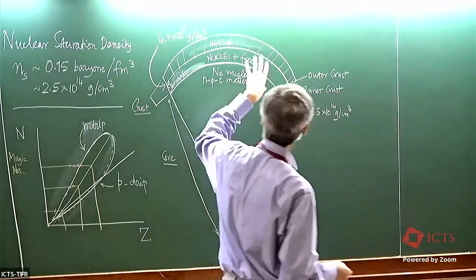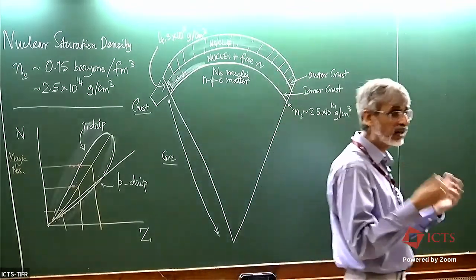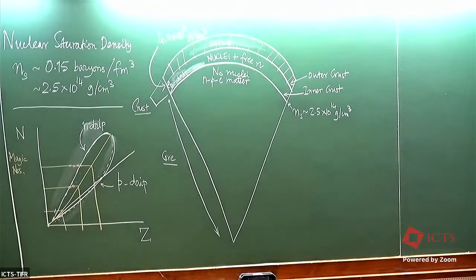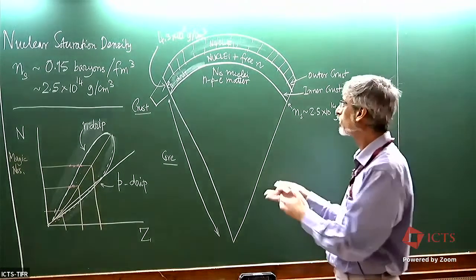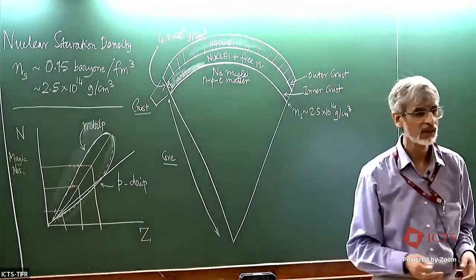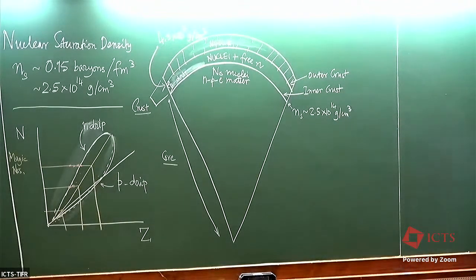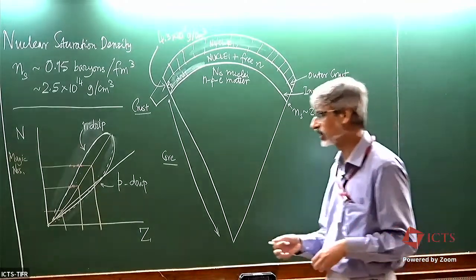So you will not be able to make one single equation of state based on just one description of the composition to describe the whole neutron star. You have regions where you have to treat the interactions differently, and there are other regions where different treatment has to be done to get the interactions.